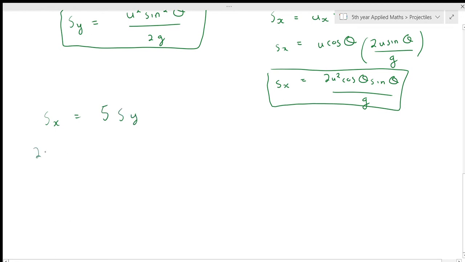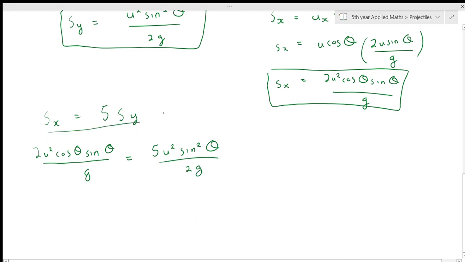Now Sx is 2u squared cos theta sine theta over g equals 5 times Sy, which is 5u squared sine squared theta over 2g. Now we're going to hope things are going to simplify down here and cancel out, because remember our goal is to find theta. So g's will cancel, u squareds will cancel, that sine will cancel with one of these sines, and we're left with 2 cos theta equals 5 sine theta over 2.